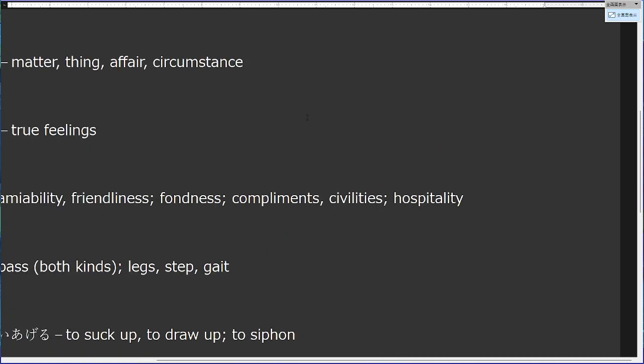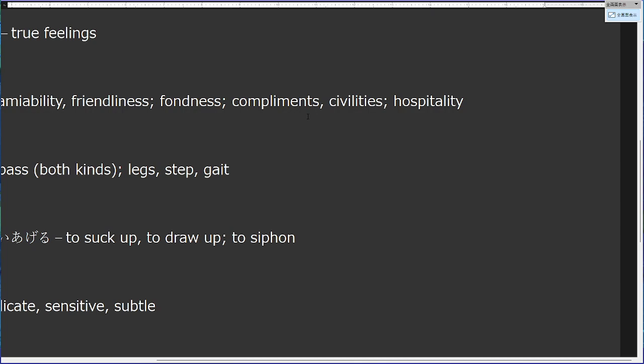A matter, thing, affair, or circumstance. This was kotogara. Koto on the left side for things and matter, just like from gijido no ji. And gara on the right side for a pattern. Kotogara is the pattern that a certain matter or event takes, its circumstance or matter.